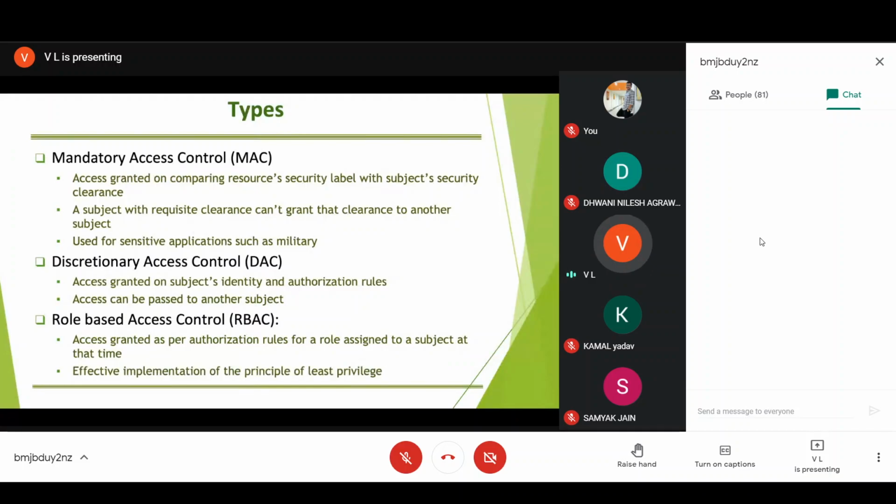Role-based access control means a user can assume different roles, and the access which the user can have in a particular role will be defined by that role. For example, if I'm trying to log into the ERP system, I can log in as a professor of the department, or as the course coordinator. Let's say there are different roles assigned to a faculty: as a coordinator of a subject, as DUGC, or as head of department.